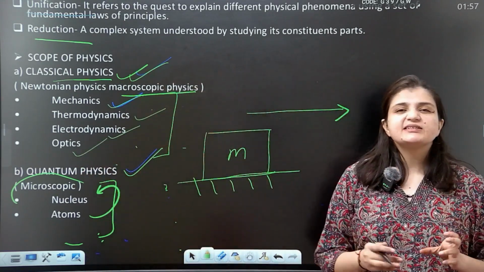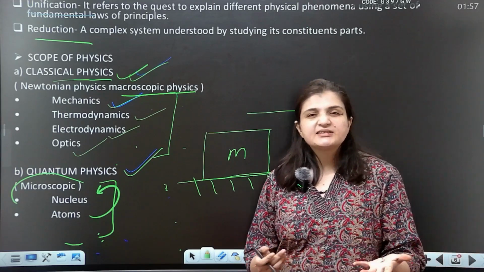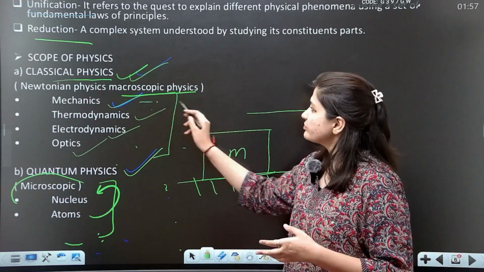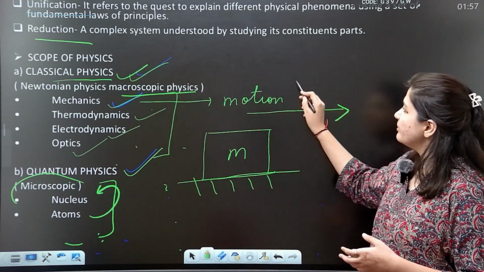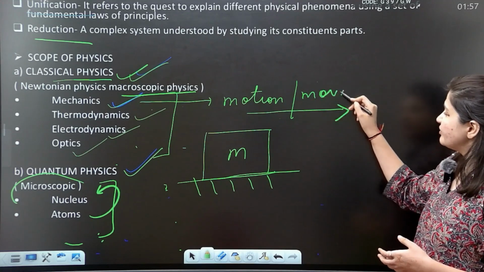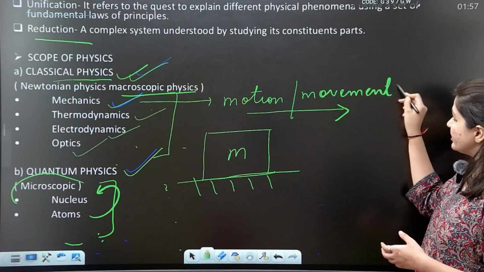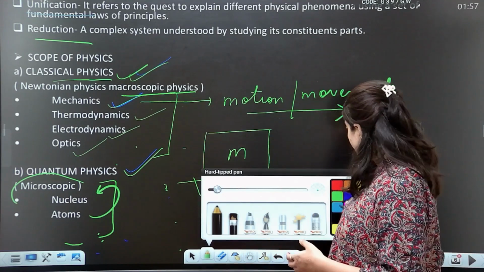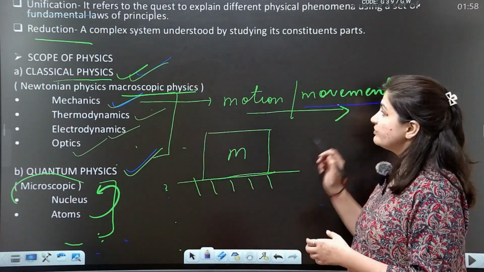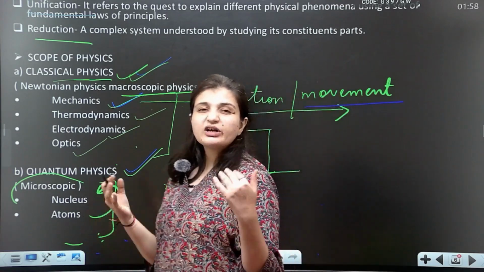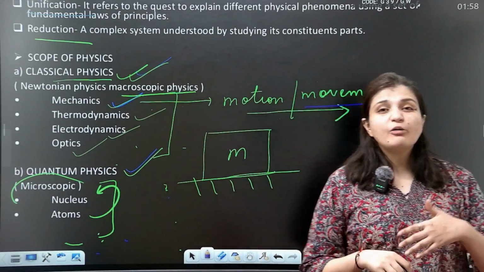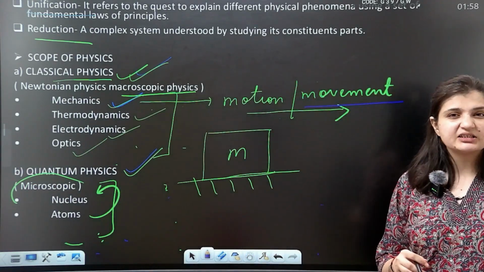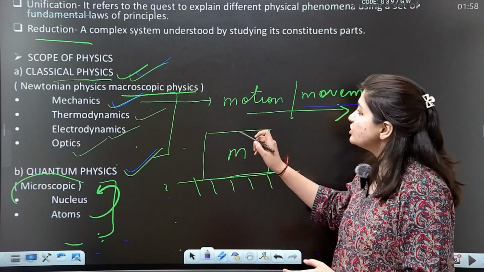So what is basically mechanics? Mechanics is how the motion or movement of the object is, like with what velocity the object will be traveling, what distance it will cover, and what its final velocity will be.